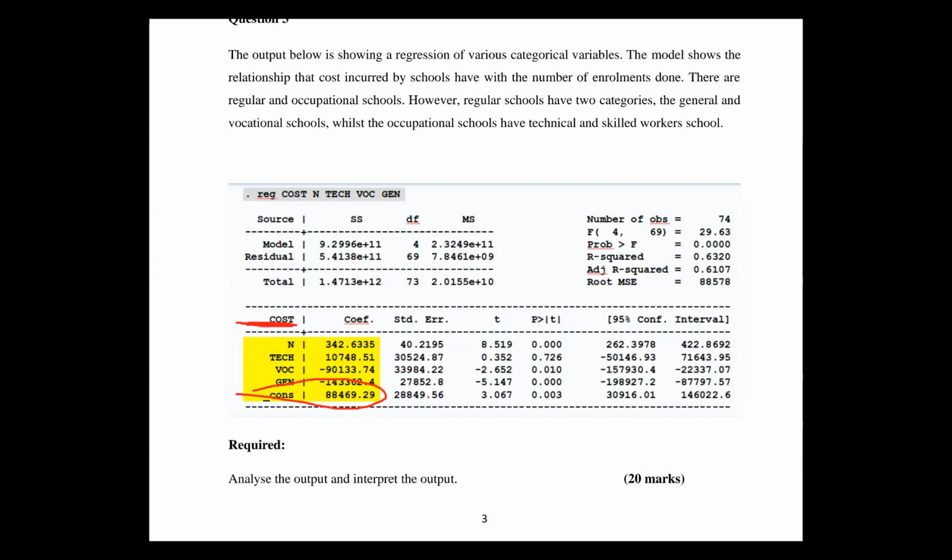So the model has how many independent variables? There are 1, 2, 3, 4. So it is of the form y equals beta naught plus beta 1 x1 plus beta 2 x2 plus beta 3 x3 plus beta 4 x4.